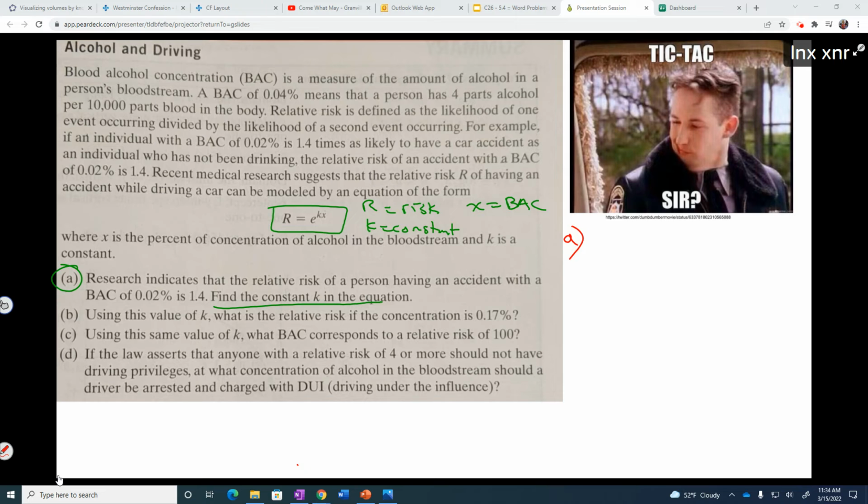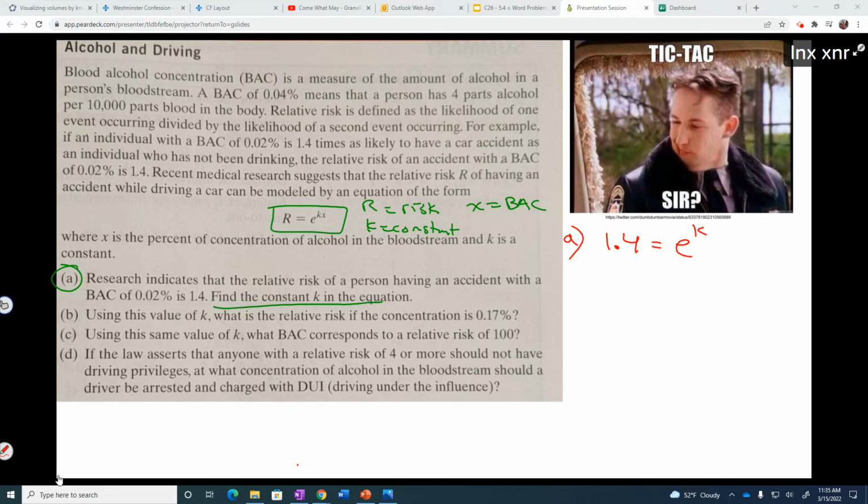All right, so what is R in this first equation? What is R again? Yeah, 1.4, the relative risk. The relative risk, 1.4, equals, E is always just E. K is what we're trying to find, the constant K. So that's just going to be K. Yeah, good.